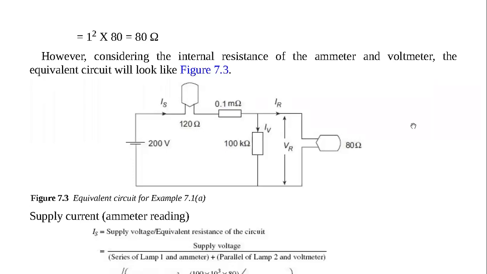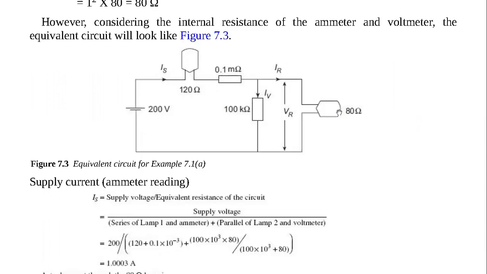So here it is. We're going to label IS as the supply current, then IR as the current through the resistance, IV as the current through the voltmeter, and so on.